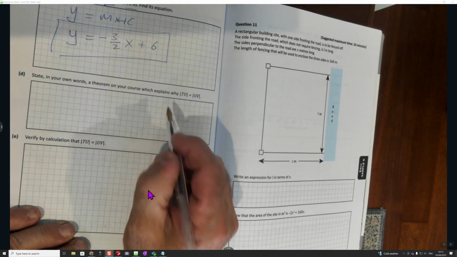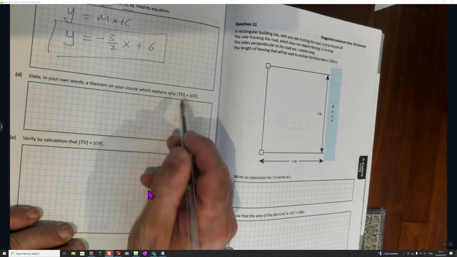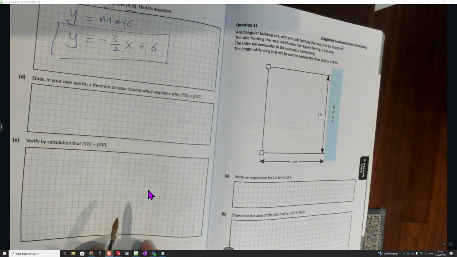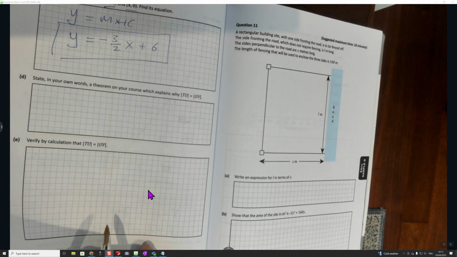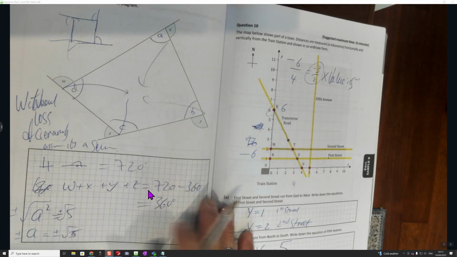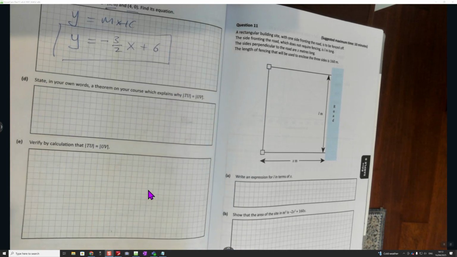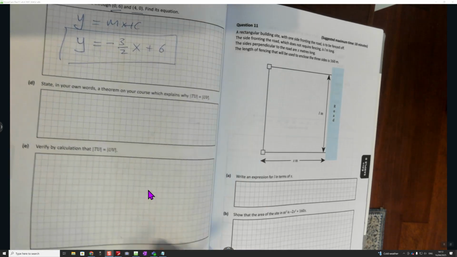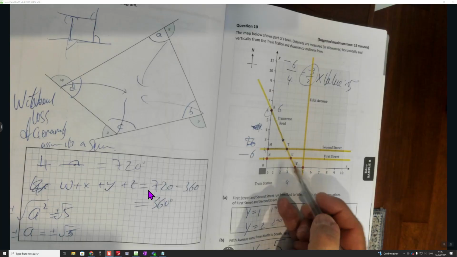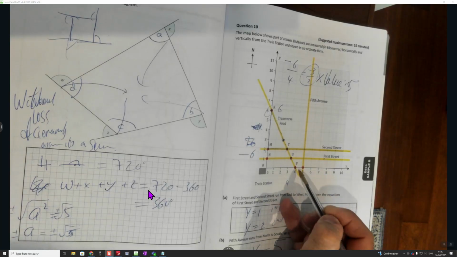State in your own words a theorem on your course which explains why the distance TU and the distance UV are equal. Okay, so this is a transverse.